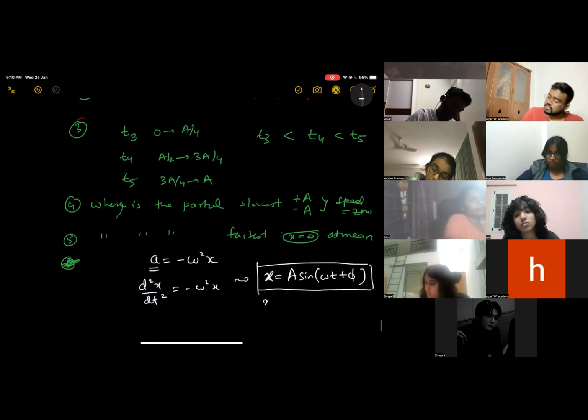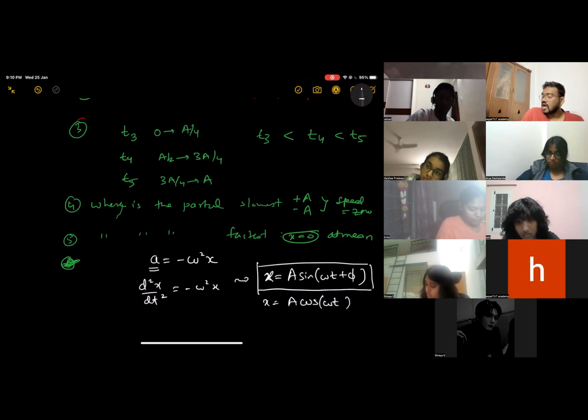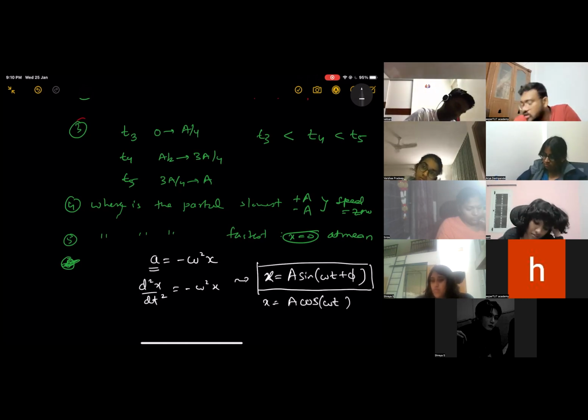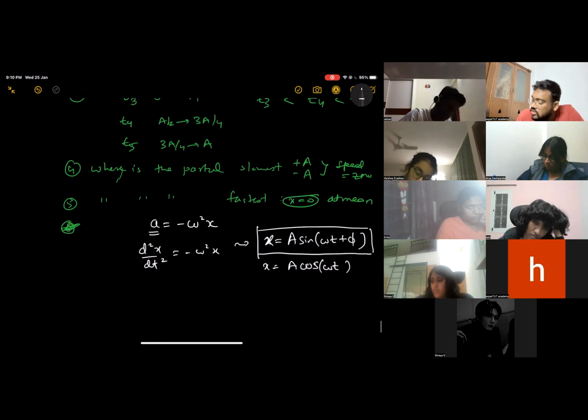Write this also: sometimes it is x equal to a cos omega t plus phi. You can ignore phi for simple cases. I'm ignoring phi. It is cos omega t also, okay? Sin omega t and cos omega t. See, when you change phi, for example, what is sin of x plus pi by 2?